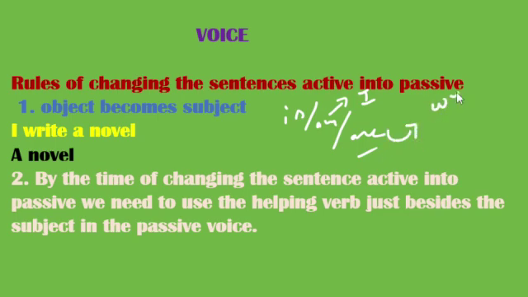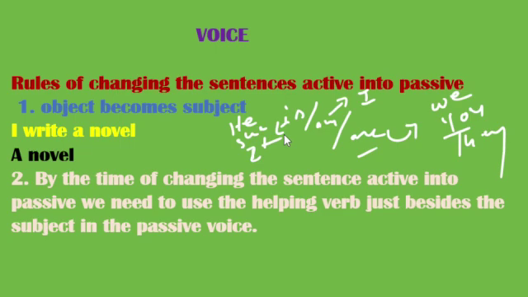First person plural, second person singular and plural, as well as third person plural. For them, we need to use the helping verb are. In the same way, what remains? Is. For all third person singular in the present tense, what are third person singulars? He, she, it. For them, we need to use the helping verb is.